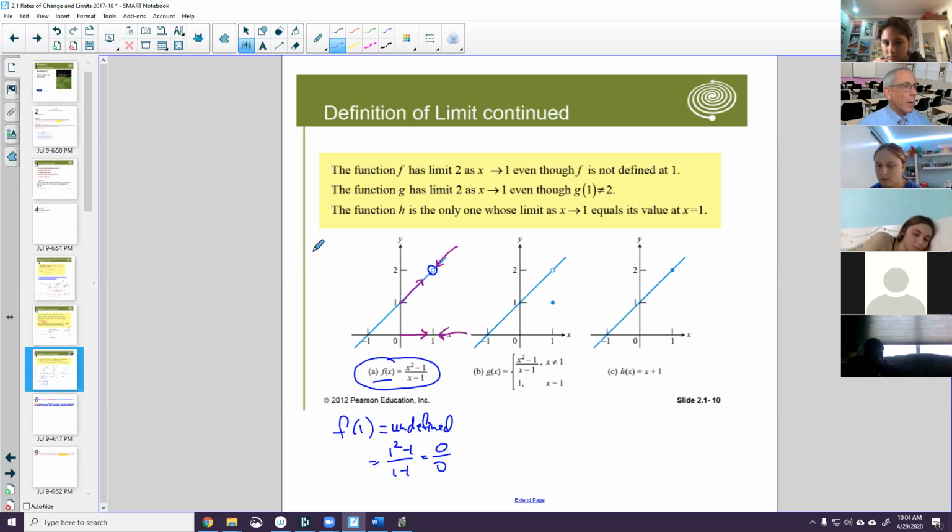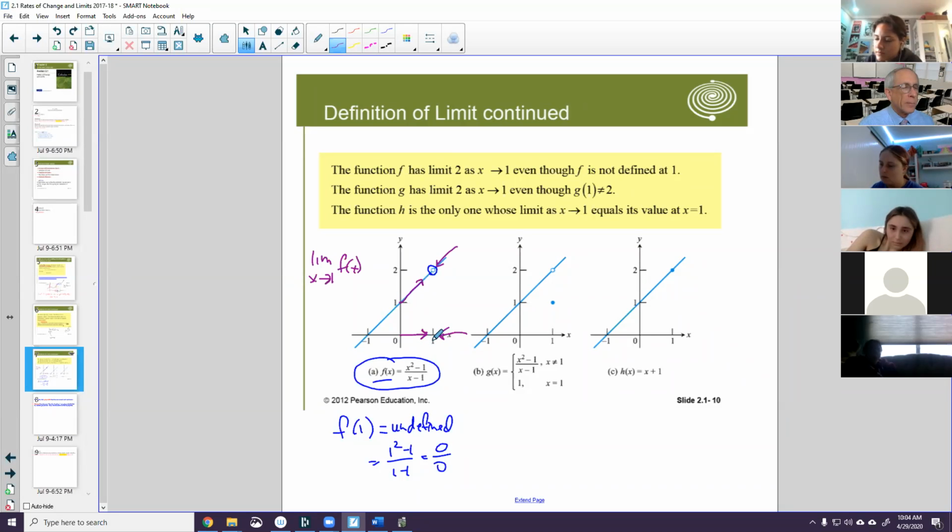So I want the limit as x approaches 1 of f of x. What is the y value that this function is approaching as I get really, really close to 1?